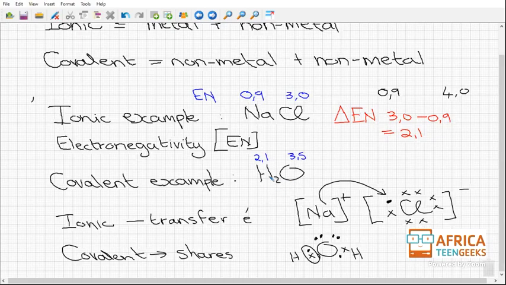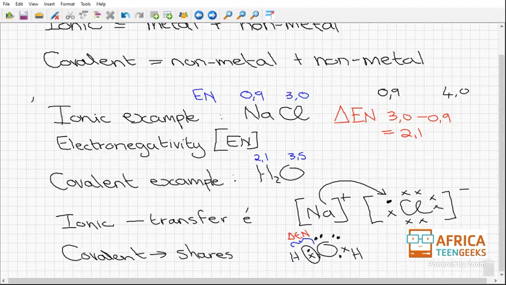Now be careful that this 2 doesn't throw you, please. We only look at each bond. Okay? So I calculate the electronegativity of each bond, not of the molecule. There's no such thing. Okay? When I calculate electronegativity, I calculate the electronegativity of a bond between two elements. Okay?